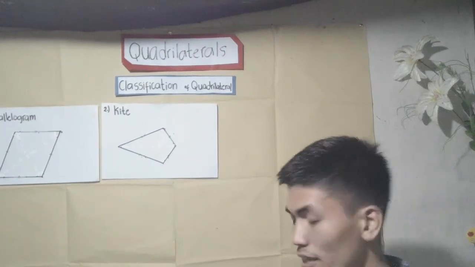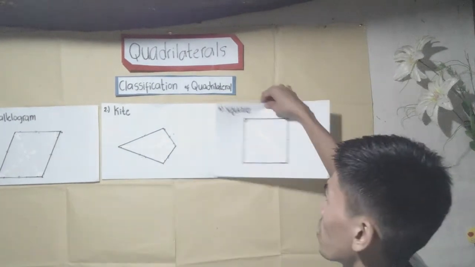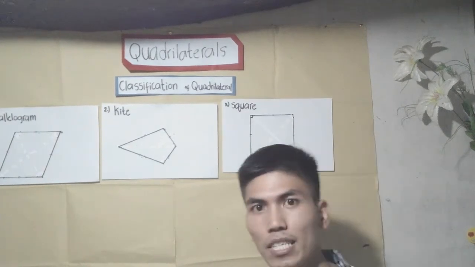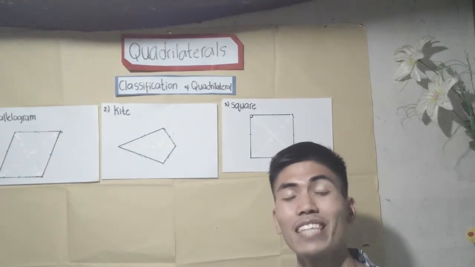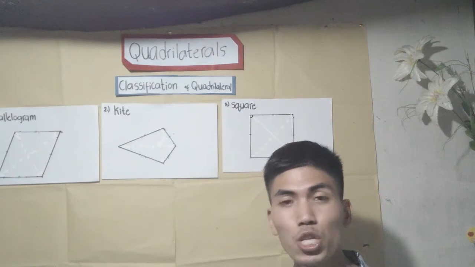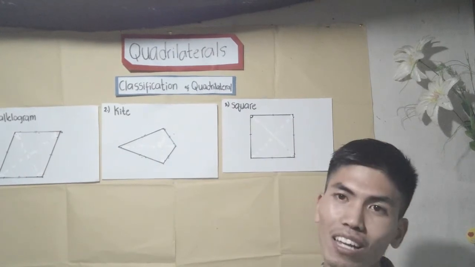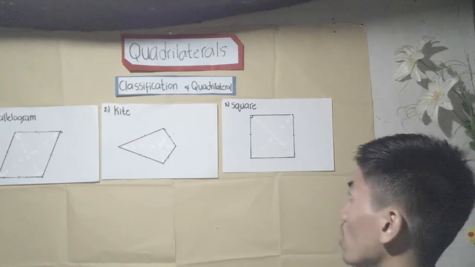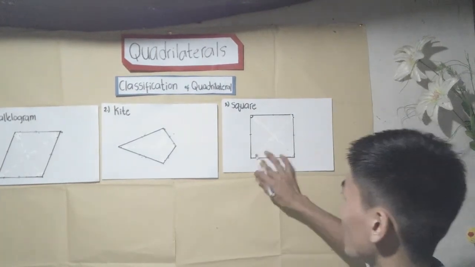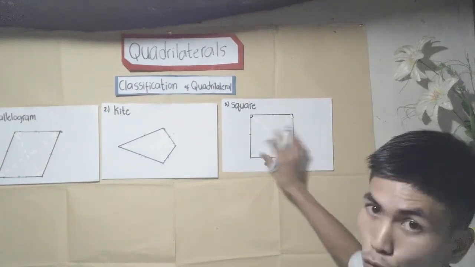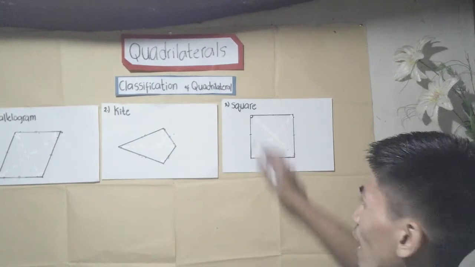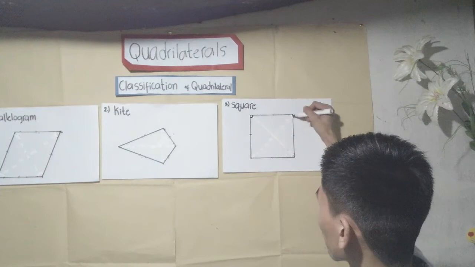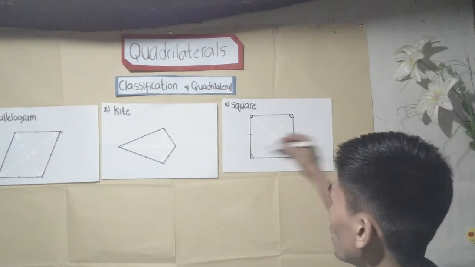And next is a square. A square can be defined as a rhombus which is also a rectangle, with four congruent sides and four congruent angles. So these four sides are congruent, and all these four angles are congruent.